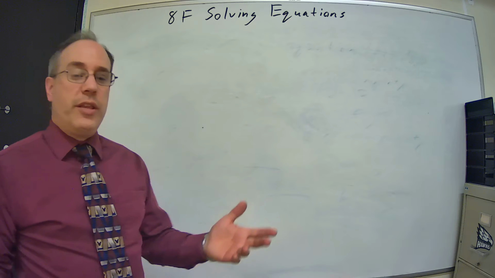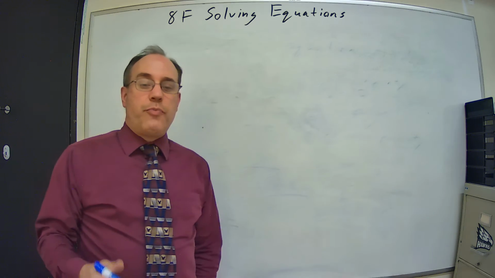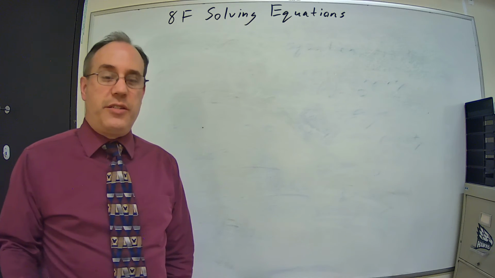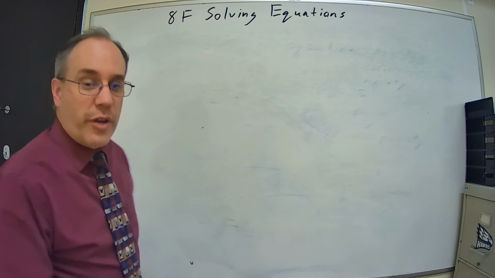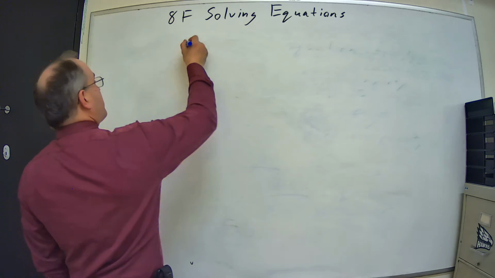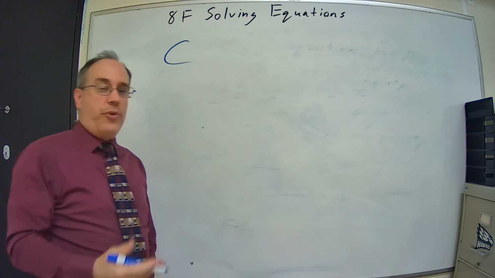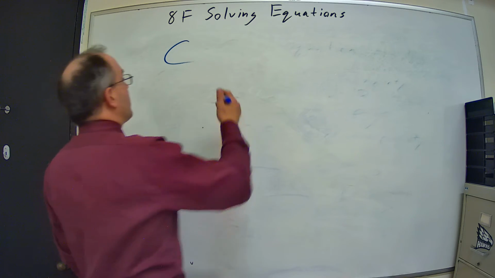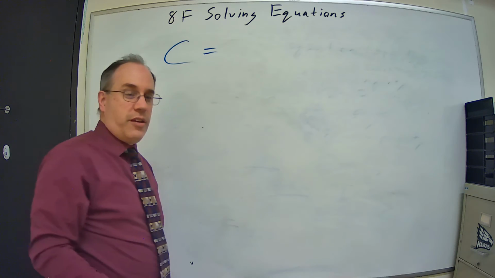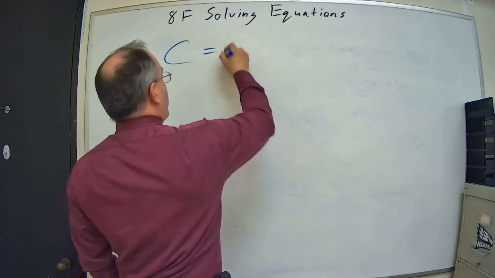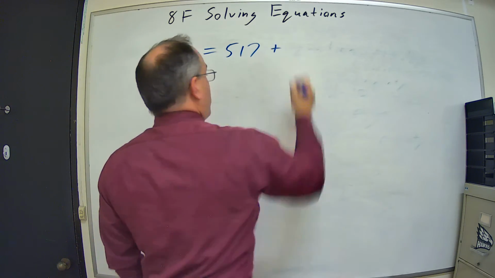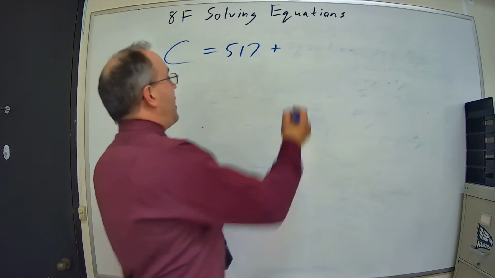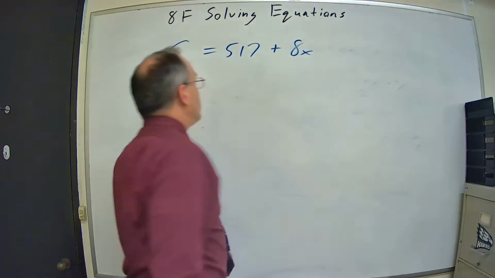Let's say we have a relationship: the cost of producing x thingamajigs can be found using the following equation. So the cost C of producing x thingamajigs can be found by taking 517 plus 8x.